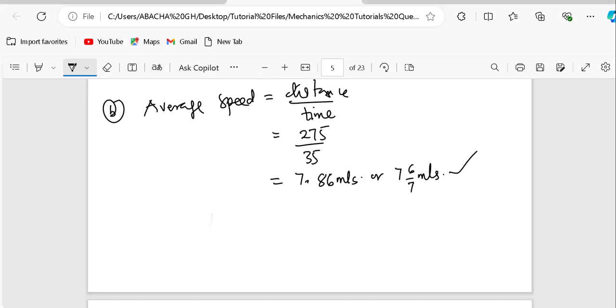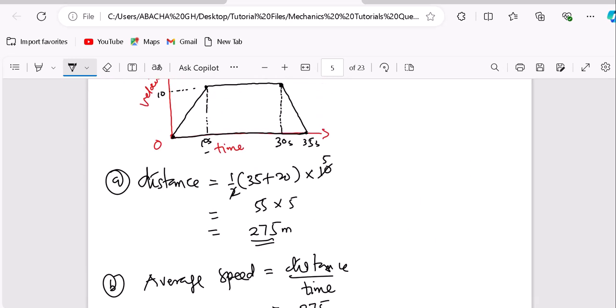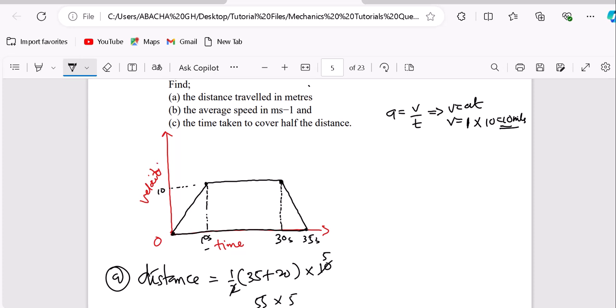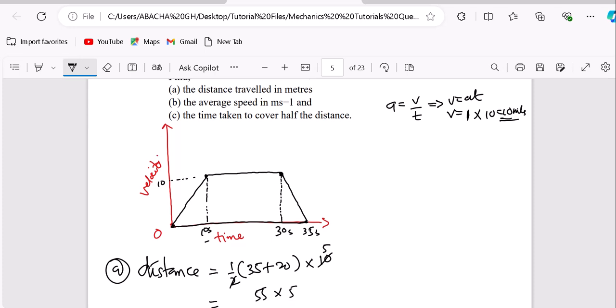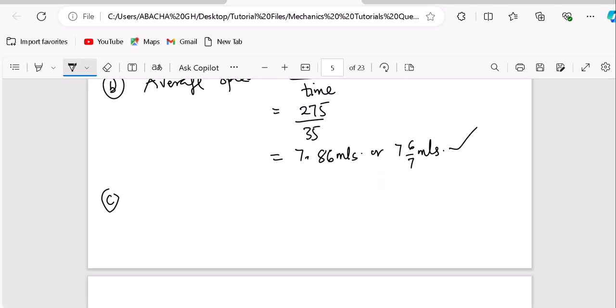Now we look at the third part of the question, which says the time taken to cover half the distance. We have a total distance of 275.